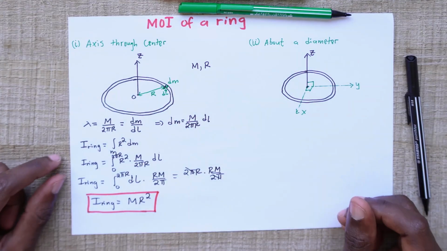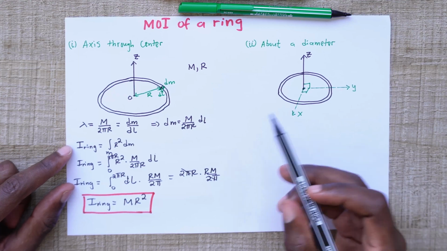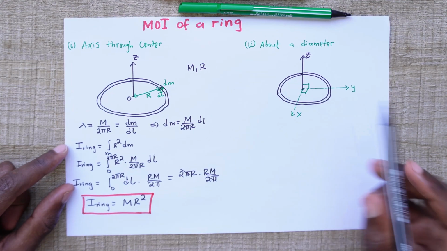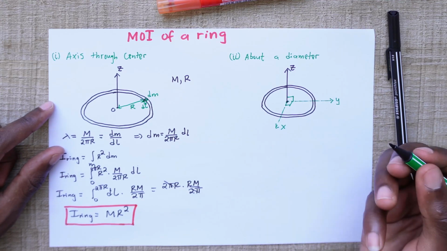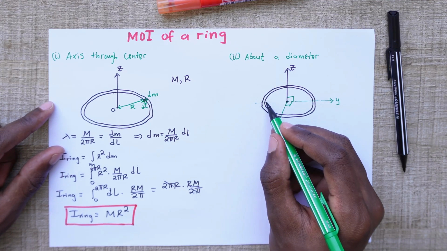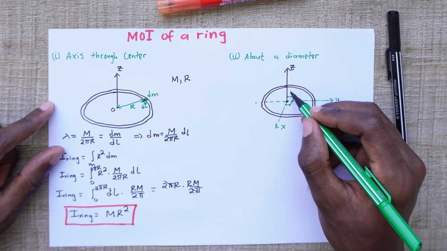Then if we want to calculate now the moment of inertia about a diameter of the ring, say Ix or Iy, so this is just a diameter like that, and this is another diameter.